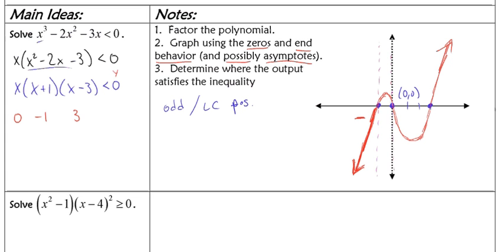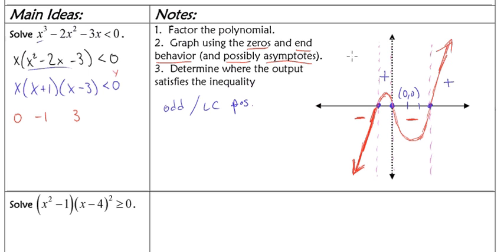So from -1 to 0, we have a positive output. And then again, we're at negative numbers again and ending at positive. And we'll break that one up as well. Back to positive.